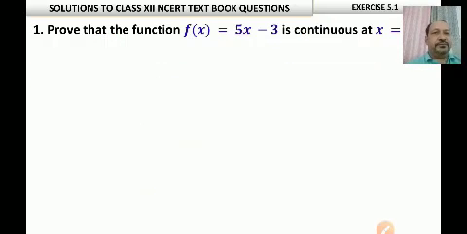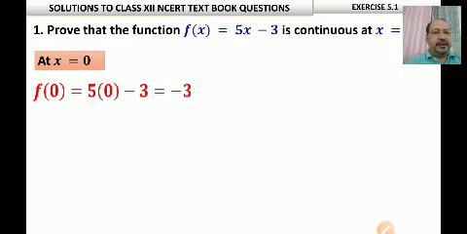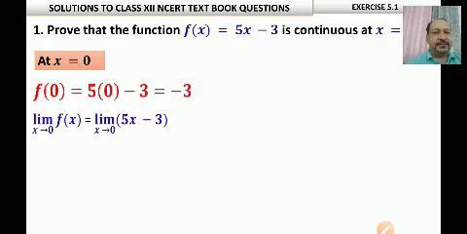Now we will start exercise 5.1. Question number 1. Prove that the function f of x equal to 5x minus 3 is continuous at x equal to 0. At x equal to 0, f of 0 is 5 into 0 minus 3, equal to minus 3.